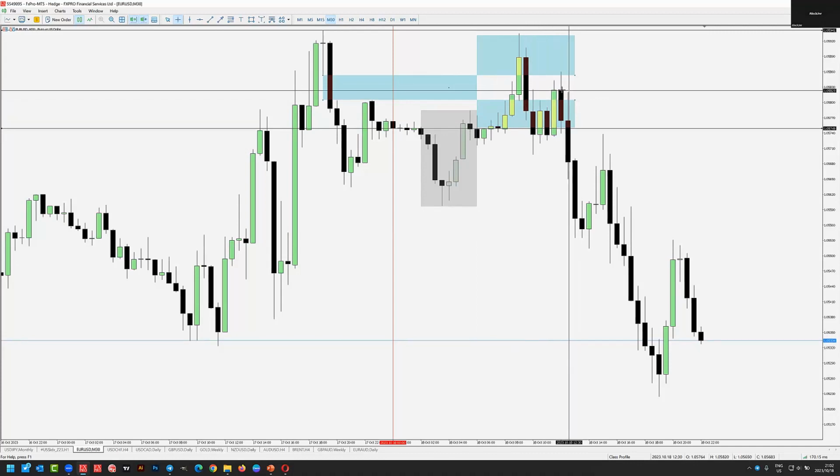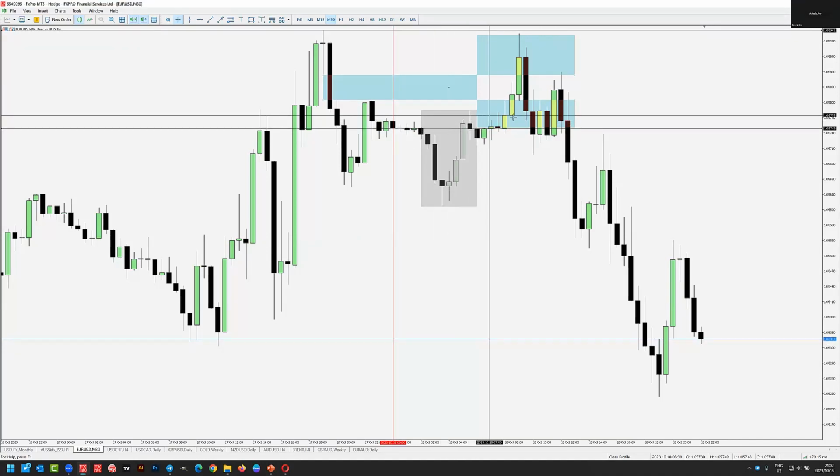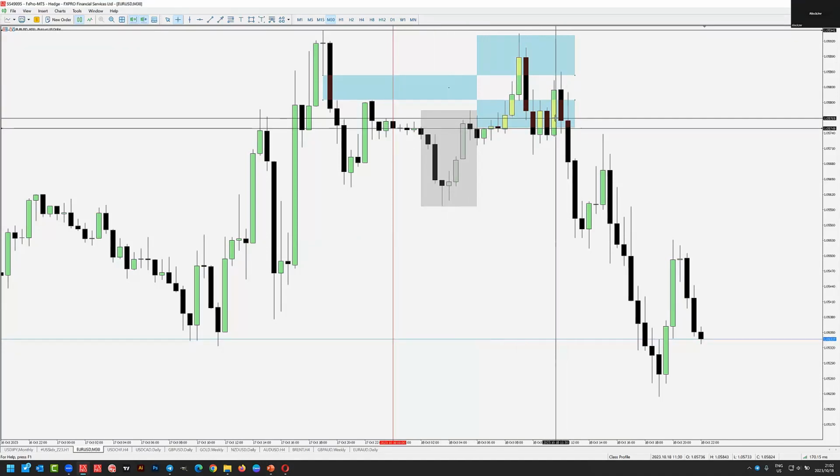So once price is above your opening price level and above the Asian range, that's a high probability shorting scenario.